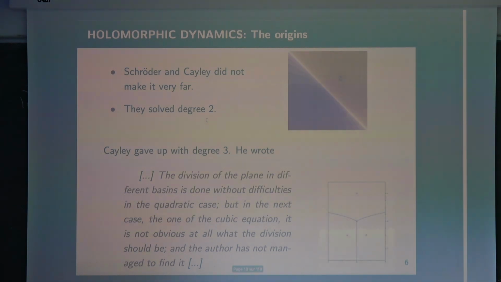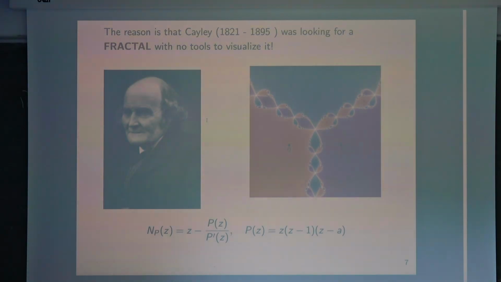Okay, and the idea they had at that time was that there was some graph which cuts the plane in 3 parts, like at equidistance, but it's totally wrong. In fact, it's wrong because they couldn't imagine a set like this, because they didn't think of fractal sets at that time. And they couldn't compute, so they couldn't see the set.